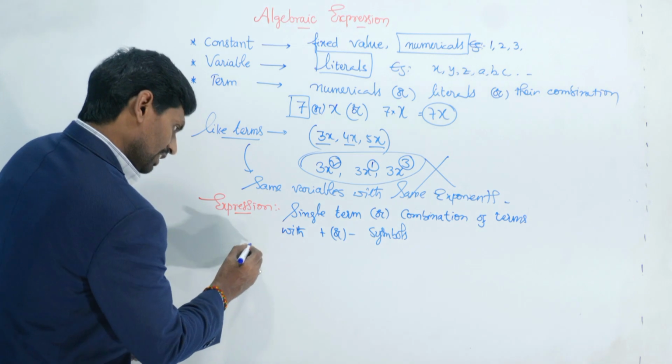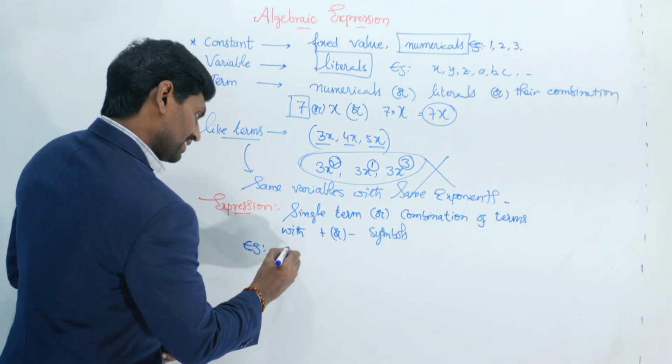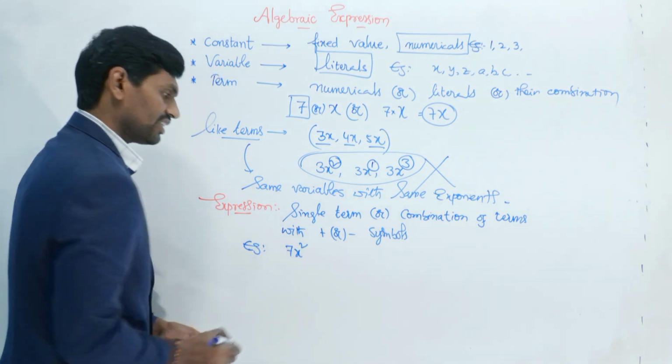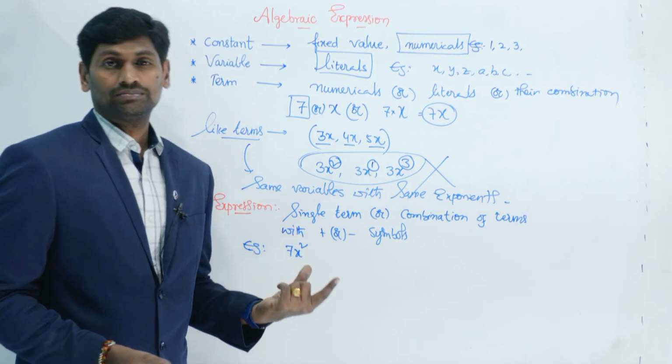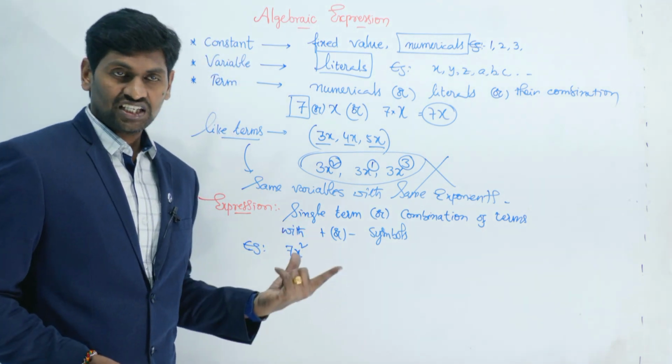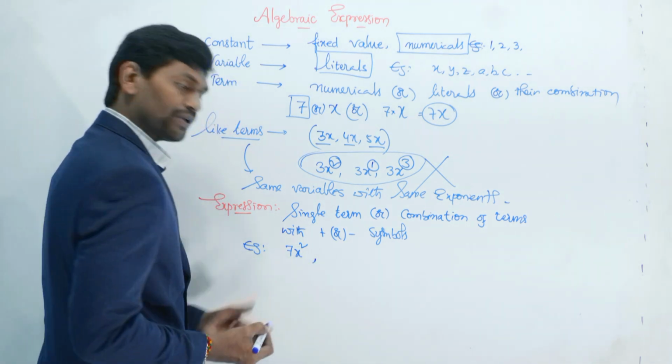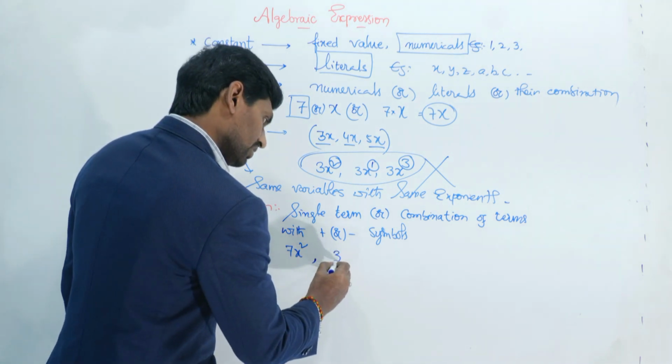That means while writing examples, 7x square is a single term. 7x square is a single term, and it is an expression, or a combination of terms.